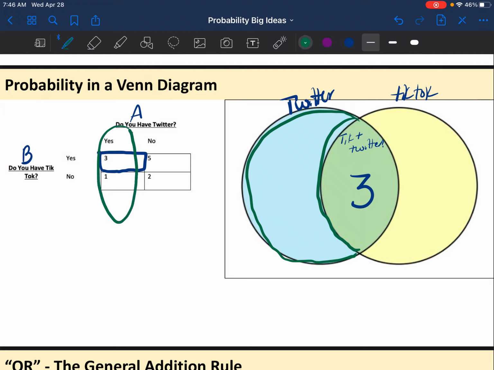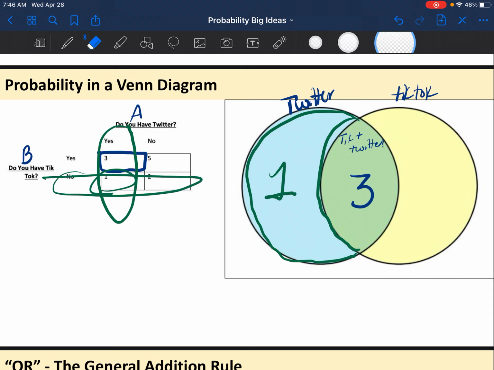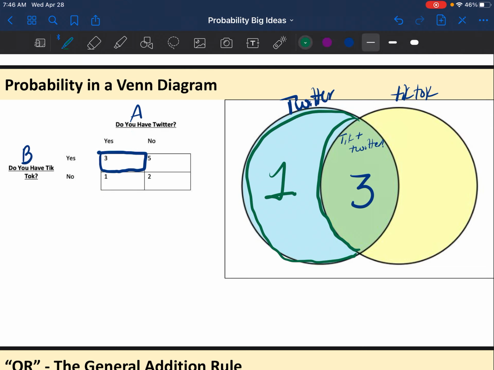So has Twitter, does not have TikTok, that would be 1. And this makes sense. I know that 3 plus 1 is 4, and there are 4 students who have Twitter.